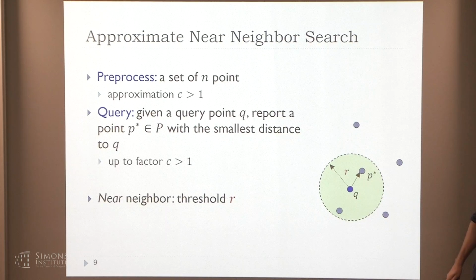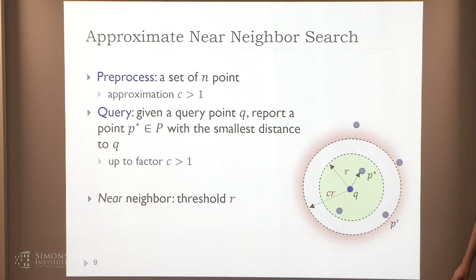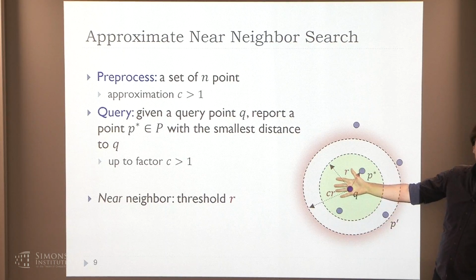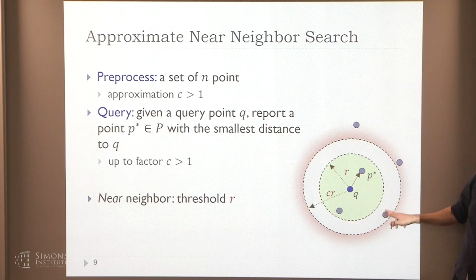And what it means to be approximate here, the formal definition of approximate near neighbor, is that as long as there is some point in this green ball, it is okay to report something either from the green ball or from this no man's land in the gray area.